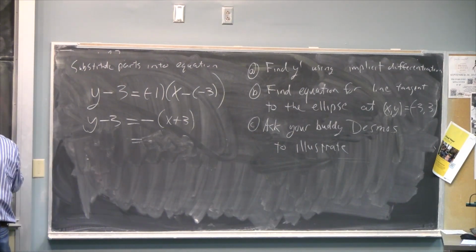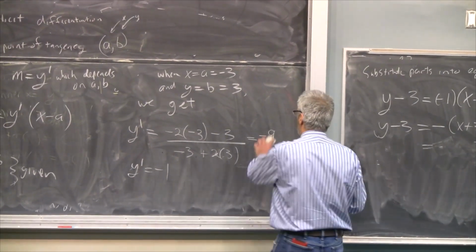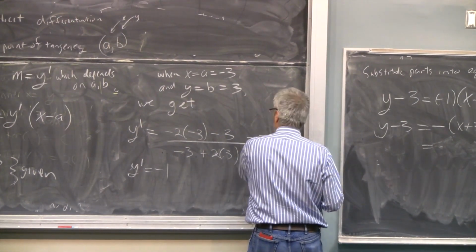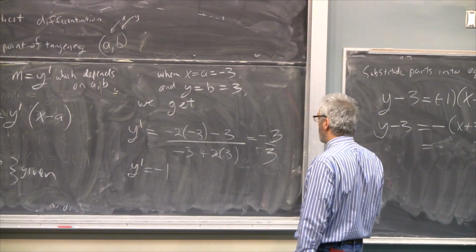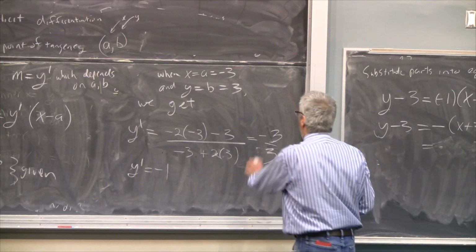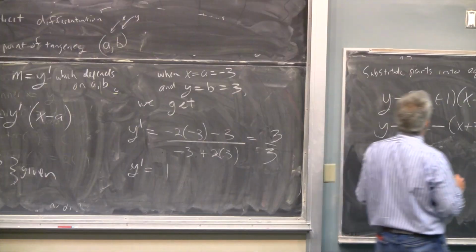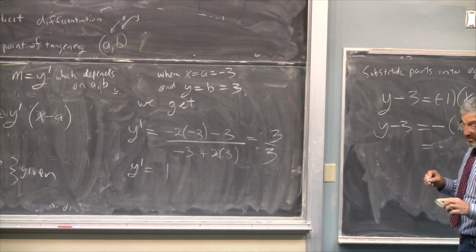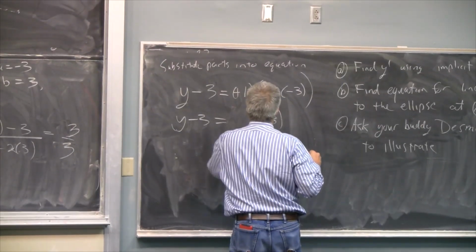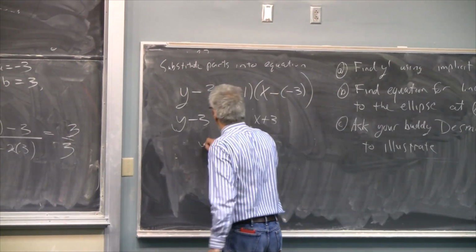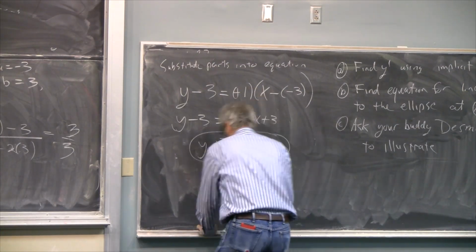So it should just be 3 over 3, no negative. Good, thank you. It's really too bad I'm not giving cash prizes. So I get y equals x plus 6 is my equation.